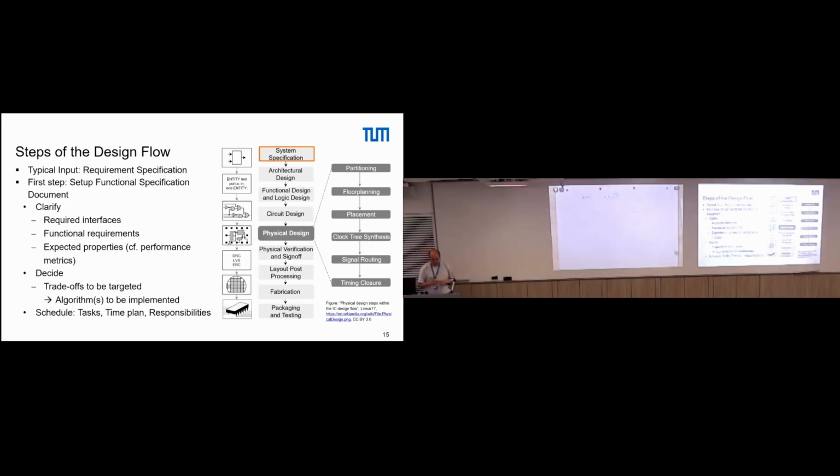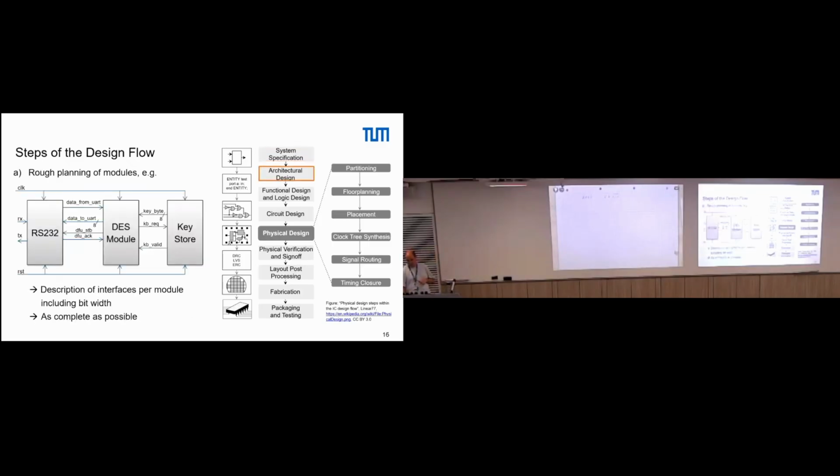Good. Then we need to implement this. So we first need to do an architectural design. In our case, architectural design is pretty simple because we have one architecture: an AND gate, right? If we had something more complex, we would have to build basic building blocks, where each building block corresponds to one system part that can be independently implemented, and you need to specify the interface between them.